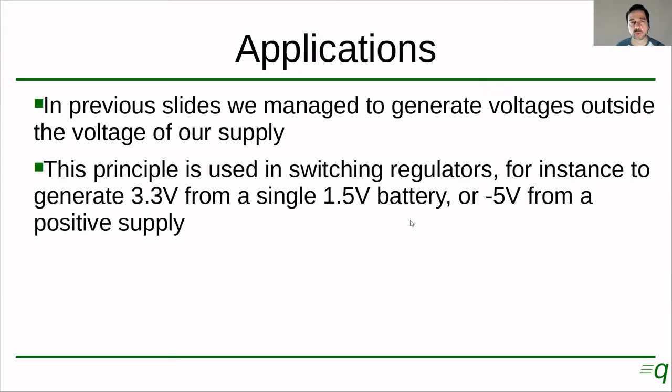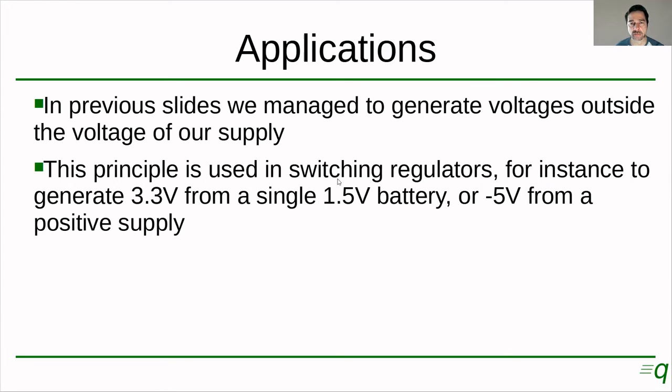So let's see what some applications could be for this, right? In the previous slides, we managed to generate voltages outside the voltage of our supply. So this principle can be used in what we call switching regulators, which is going to be the topic of the next video. For instance, to generate 3.3 volts from a single 1.5 volt battery.